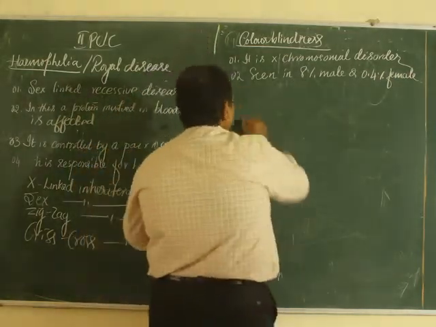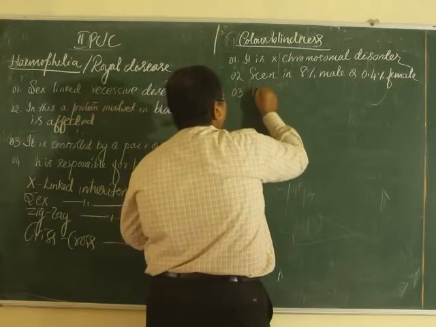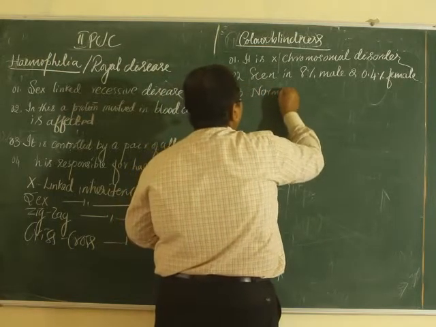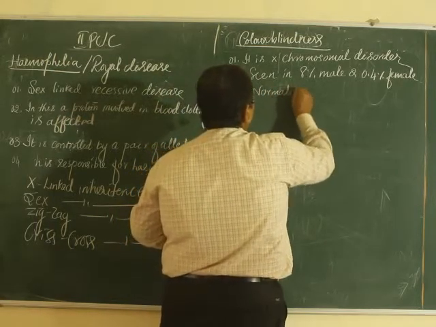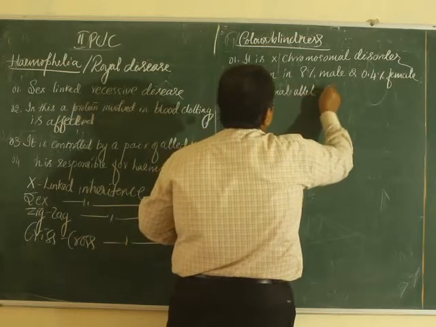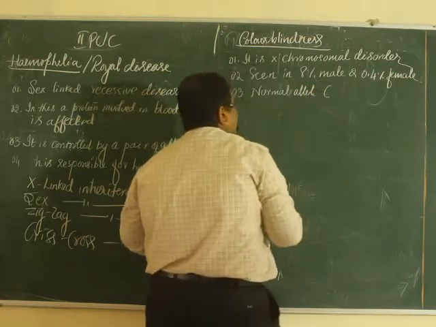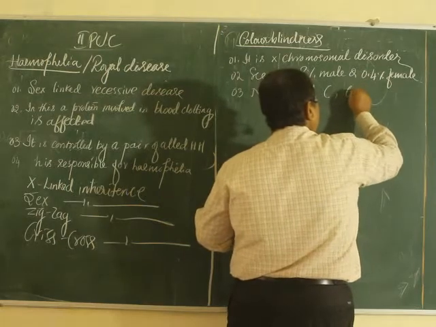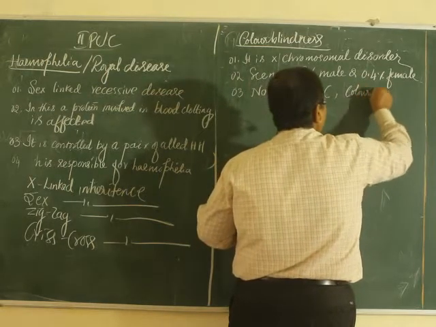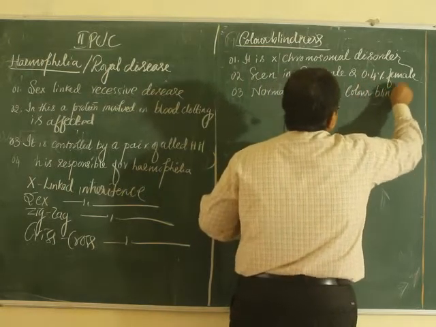The normal allele is capital C and the colorblind allele is small c.